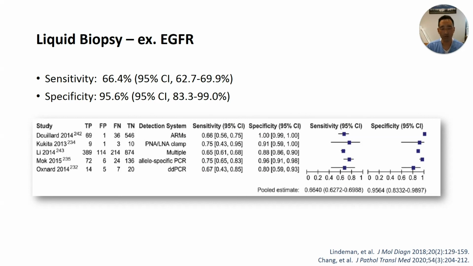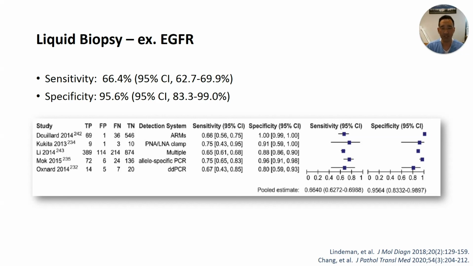So just to walk you through some of the numbers of how well liquid biopsies are currently performing, this is a meta-analysis looking for driver mutations in blood samples for EGFR. Now, studies are still relatively small at this point in time, but overall the sensitivity was suggestive of around 66%. Not that great, but pretty good.